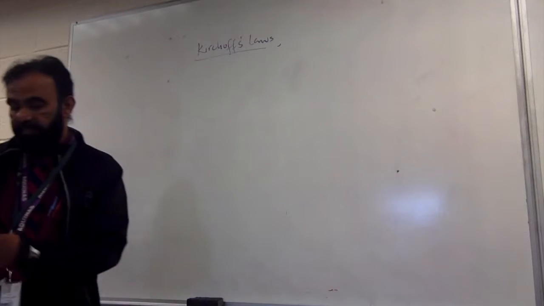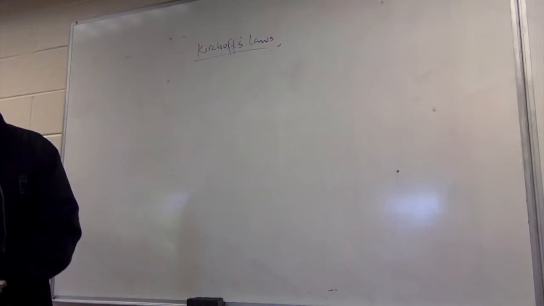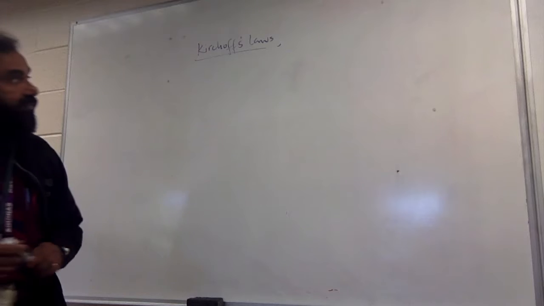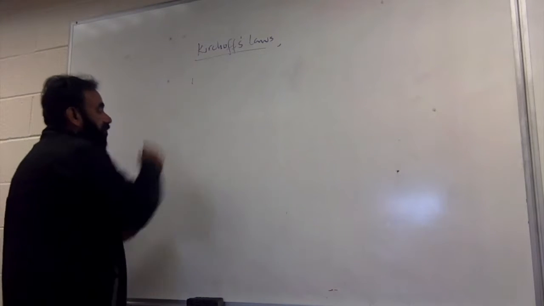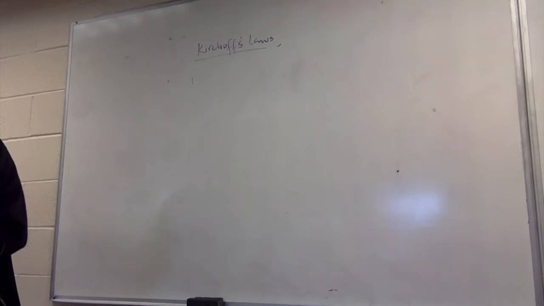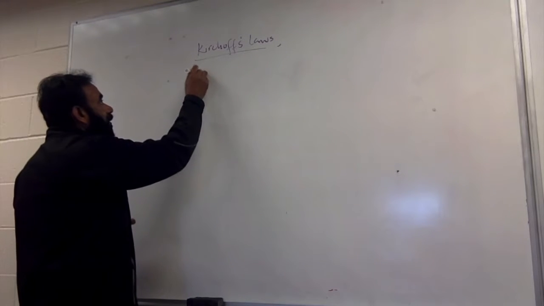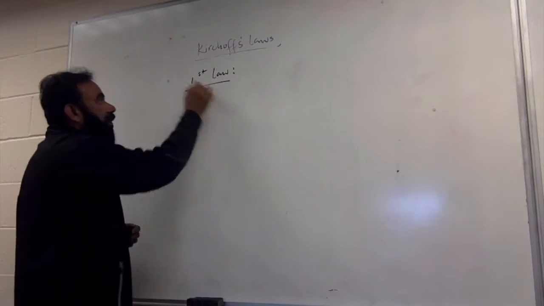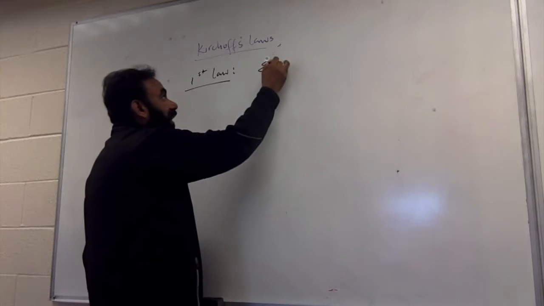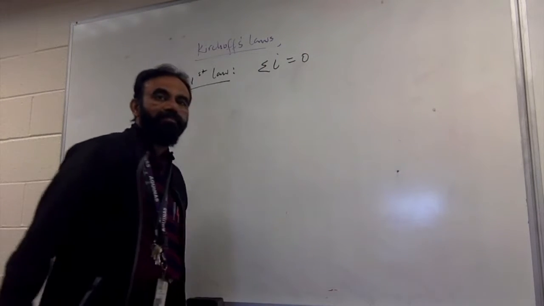So, Kirchhoff's laws. Since you've done it last year, you must be quick to understand this. For the first law, the summation of all the currents at a junction is equal to 0.